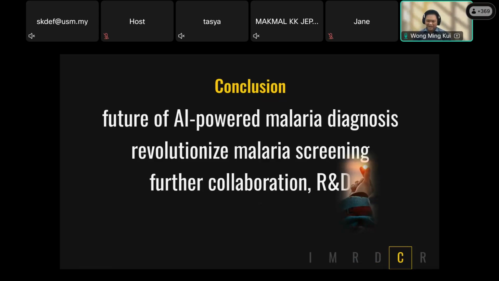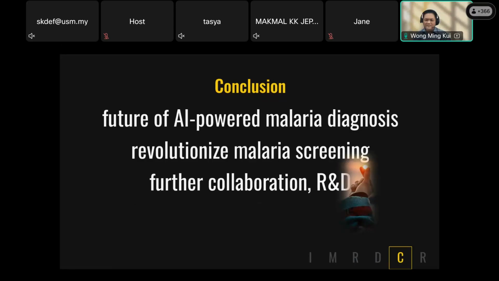Last time when I was in Sarawak, the microbiology lab would try to screen for malaria in all the blood donations. It is quite difficult to do. Let's say today you have 100 donations and you want to screen everything using microscopy. It's almost impossible. However, using AI, it will take you 1 or 2 hours to finish all the screening.